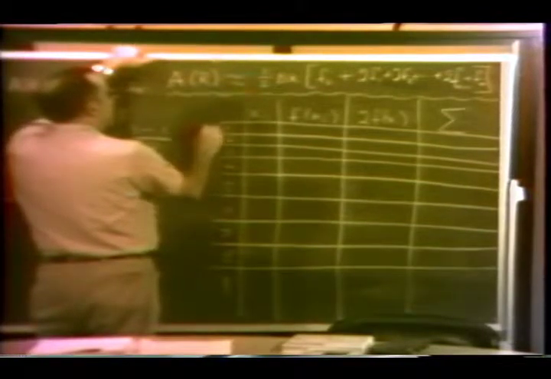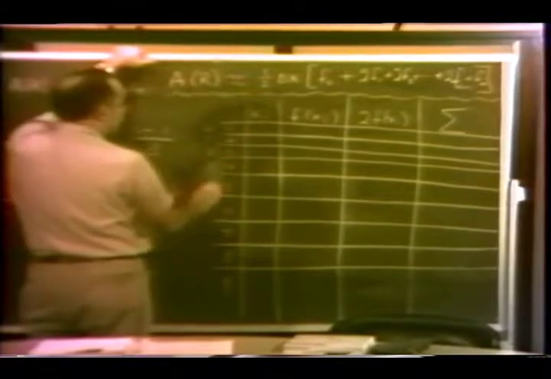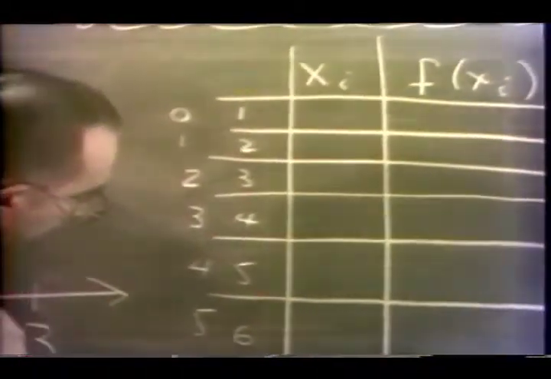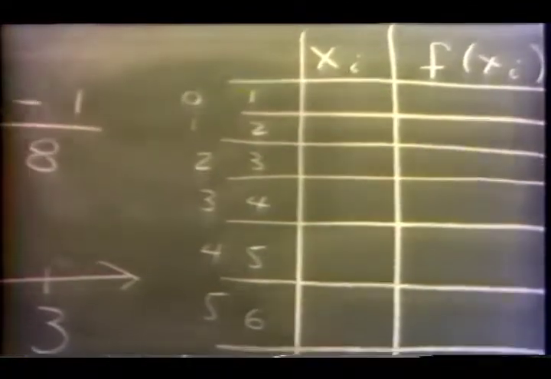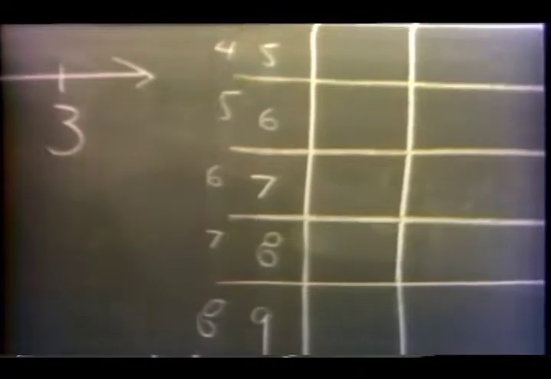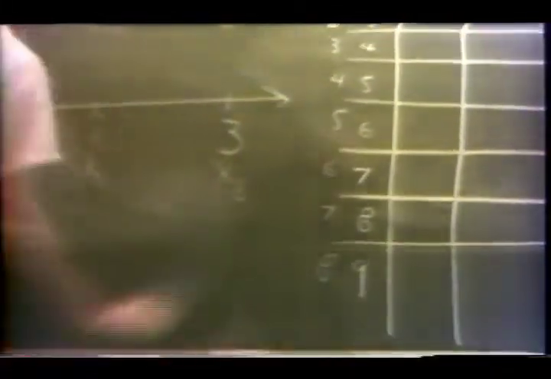This is i equal 0, 1, 2, 3, 4, 5, 6, 7, and 8. That's why we have those 9 values here, because we're actually starting out here at 1 as x sub 0 and 3 is x sub 8.